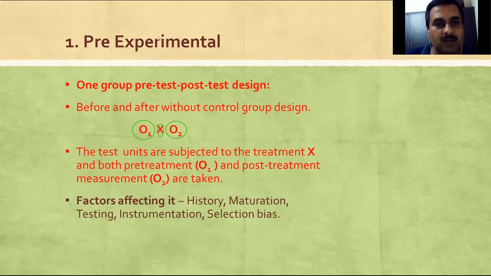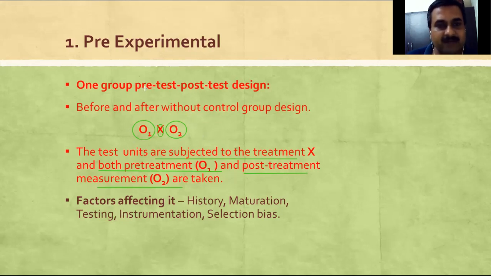And this difference is going to tell you the impact of this exposure which we are implementing. So what does it say? The test units are subjected to the treatment X, and both pre-treatment O1, before the exposure is given, and post-treatment O2, after the exposure is given, measurements are taken, because we are concerned about pre-test and post-test.